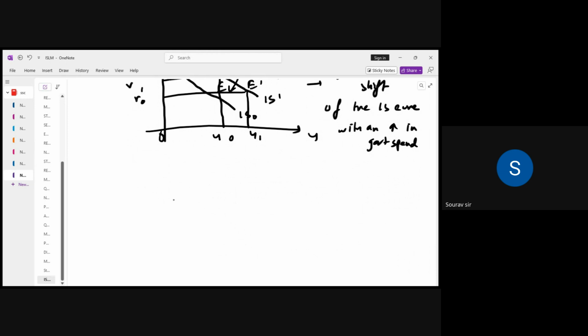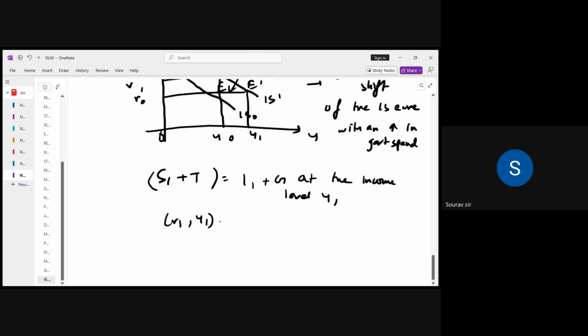Now S1 plus T, I told, that is I1 plus G, at the income level Y1. So the combination R1, Y1 is one point along the IS curve. Similarly, interest rate R0 will require income level Y0 for equilibrium in the product market. So this is the diagram we're talking about.